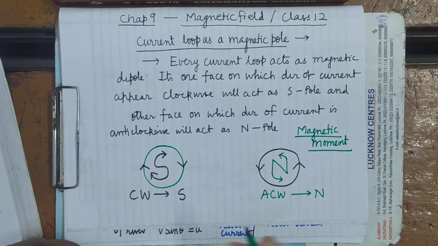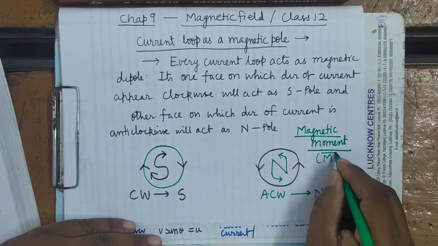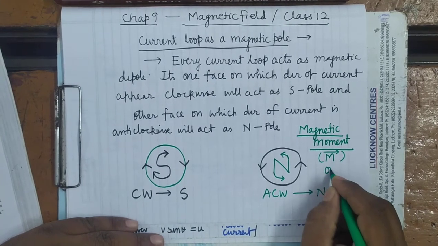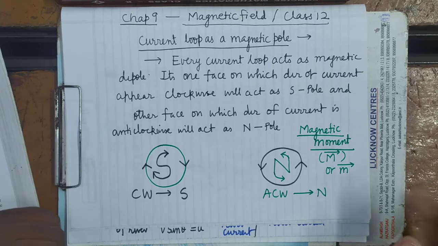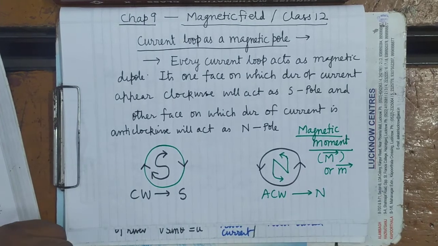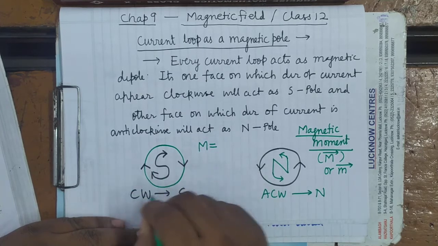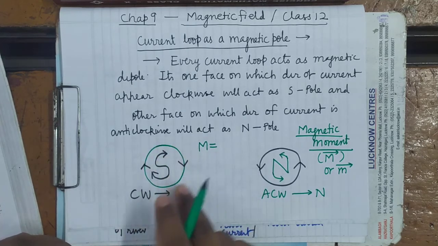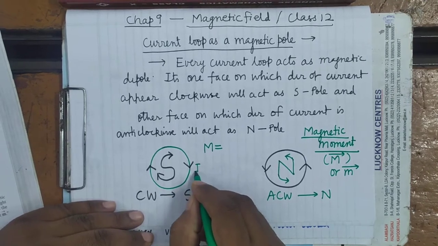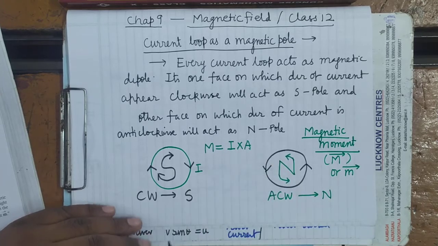It is a vector quantity which we represent by vector capital M, or sometimes small m. What is its magnitude? The magnitude of the magnetic moment of any current loop is equal to the current flowing through it multiplied by the area which it encloses, I into A.